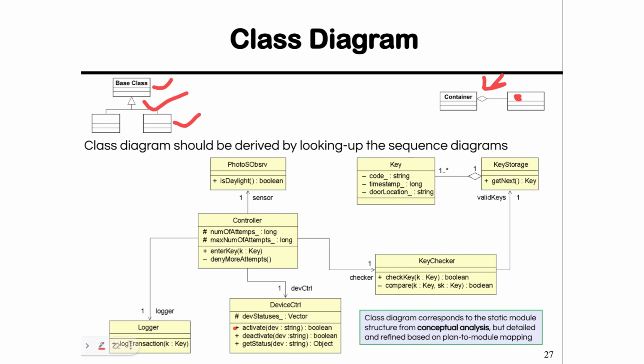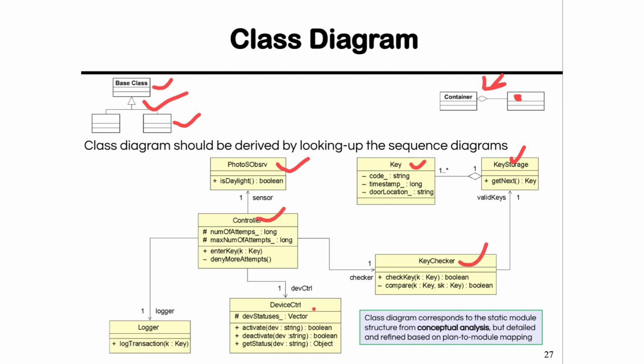For instance, from the unlock use case and its corresponding sequence diagram, we were able to identify classes like photo observer, key storage, key checker, controller, logger, and device control.